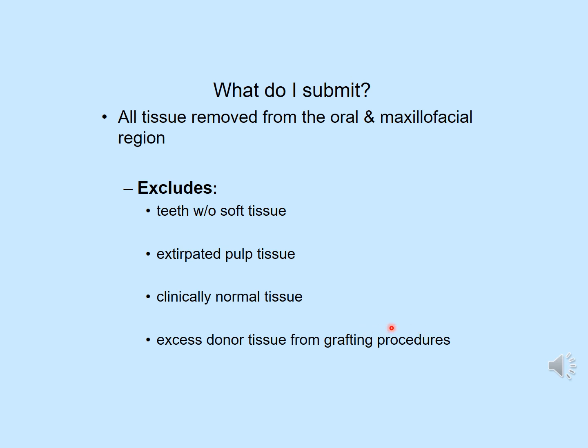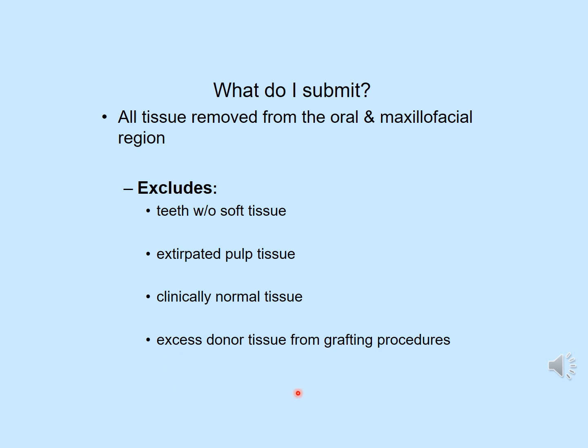All right. The third type of tissue that we do not submit for biopsy is clinically normal tissue. So if you are doing a procedure and you cut out normal tissue for some reason, you do not submit that for biopsy. And the last is excess donor tissue from grafting procedures.